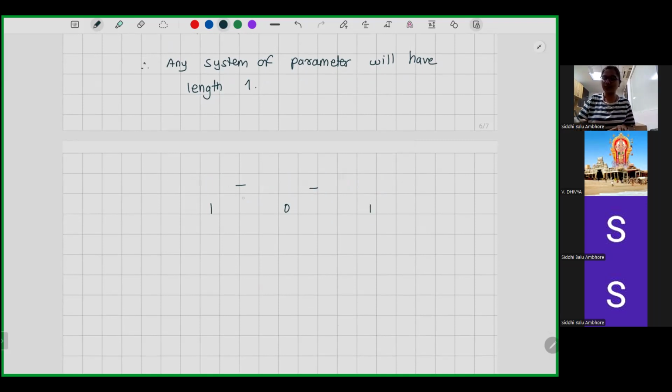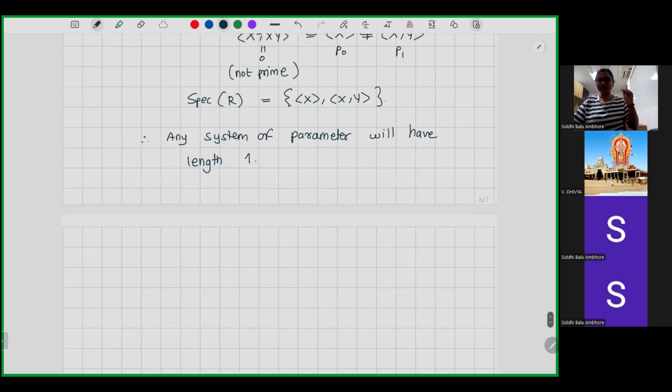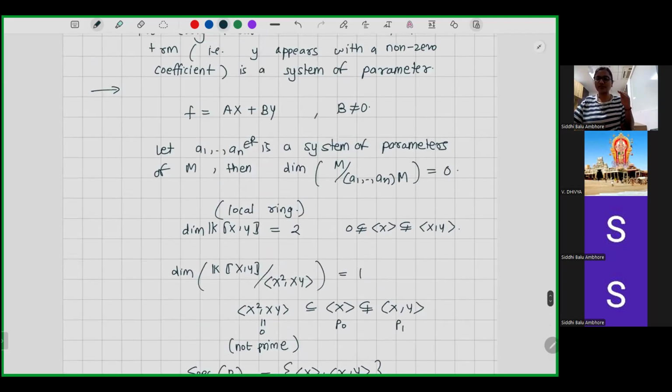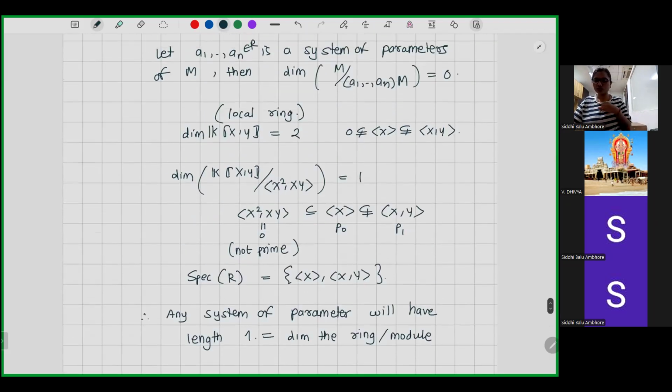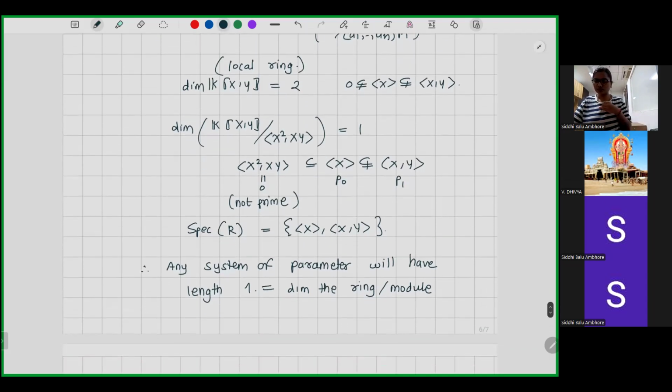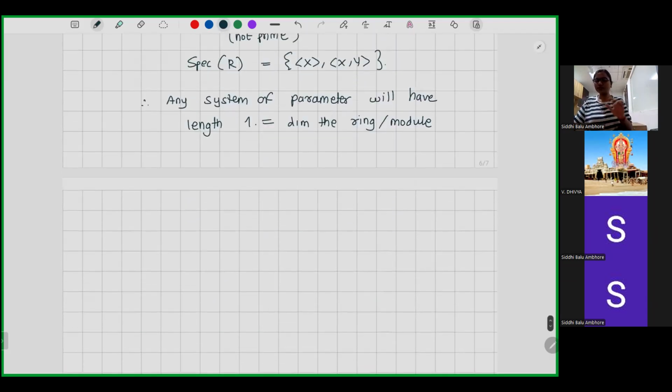This was not a very good way to see these things, but just to get the flavor, I am explaining that any system of parameters will have as many elements as the dimension of the ring or module. The dimension of our R is 1 here, so it will have only one element in its system of parameters.